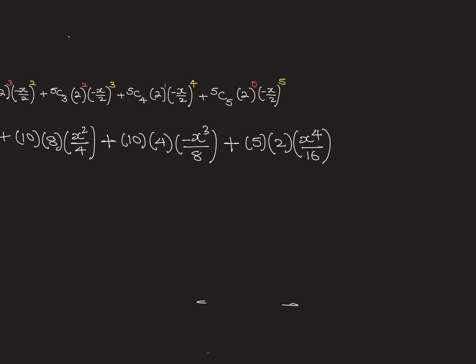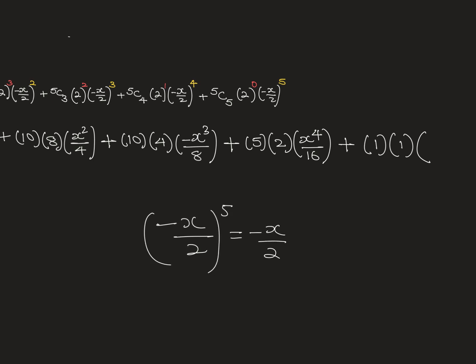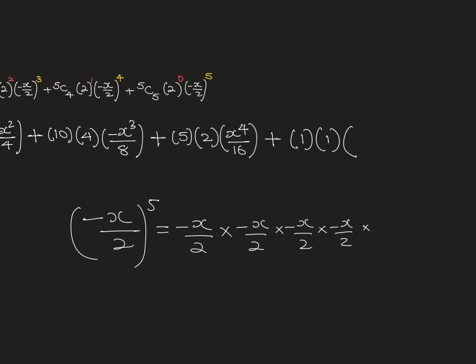We move on. Plus 5 combination 5 is 1, into 2 to the power 0 is 1, into minus x over 2 to the power 5, which is minus x over 2 multiplied 5 times.